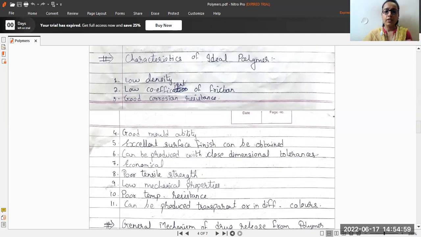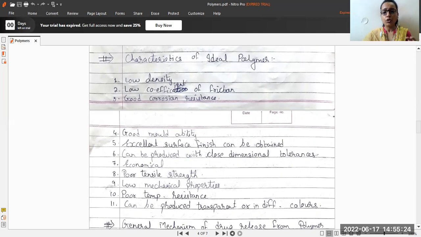The density of the polymer should be low so that it can be easily used in novel approaches, as the novel approaches being developed are less dense. Next, it should have a low coefficient of friction.